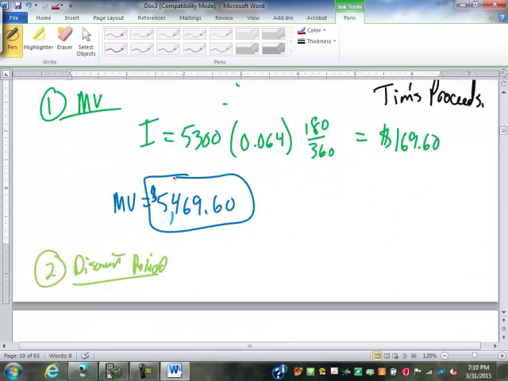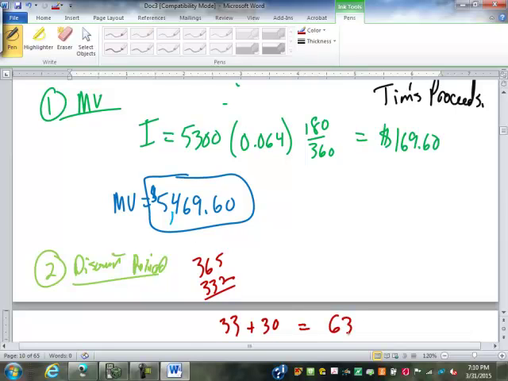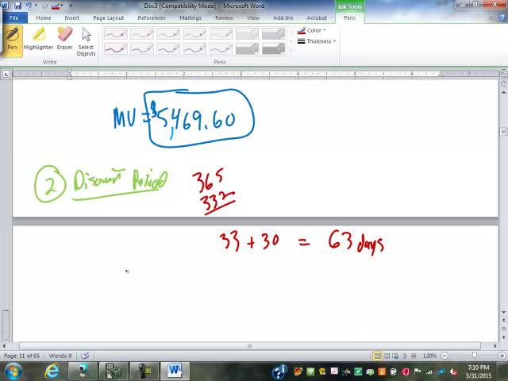So 365 minus 332 gives us 33 days there, plus the 30 into the next year is 63 total days. Is that the number we want? No. That's how long Tim held the note. The bank is concerned about how many days are left. So 180 minus 63 is 117 days is the discount period.